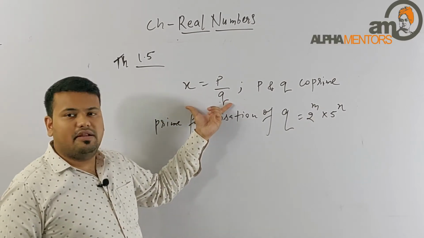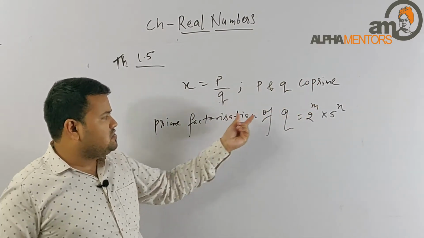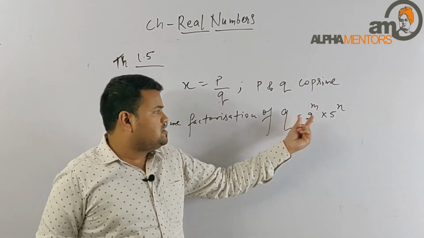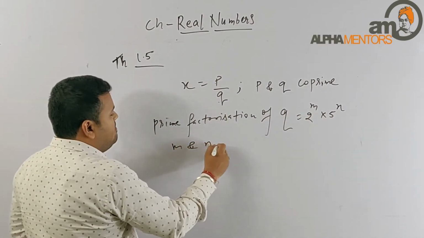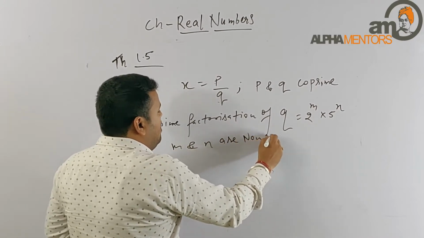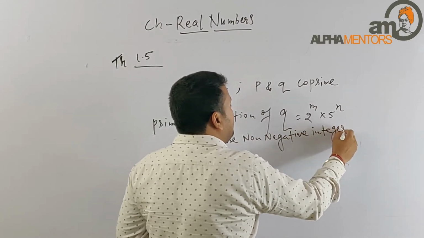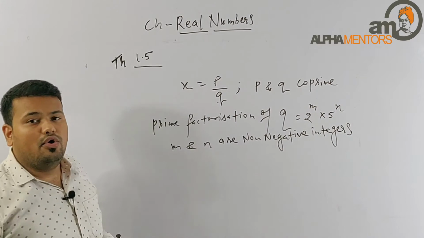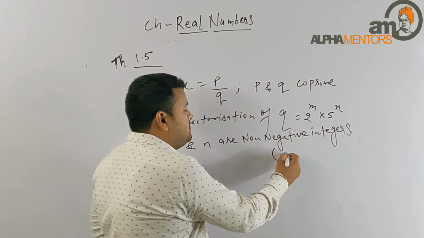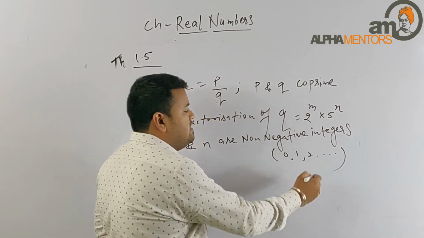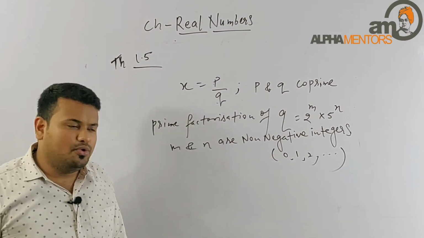If there is a rational number in the form of p by q, where p and q are co-prime, and the prime factorization of the denominator q is of the form 2 to the power m into 5 to the power n, where m and n are non-negative integers. What do the exponents m and n represent? Non-negative integers. Non-negative means the minimum exponent value is 0, then 1, 2 and anything higher. The minimum exponent value in the expression can be 0. Clear?